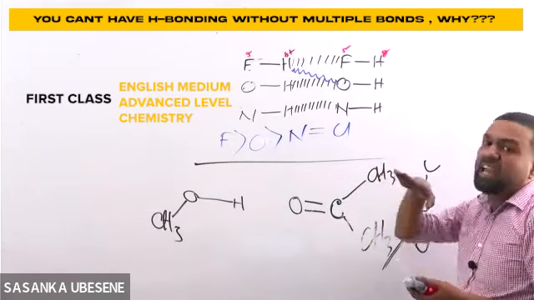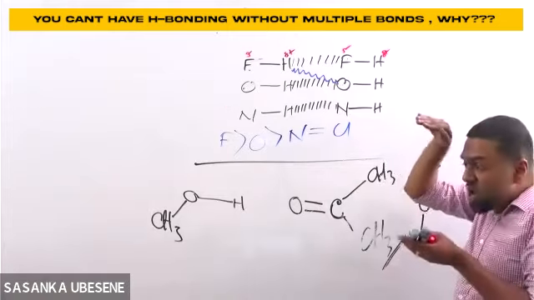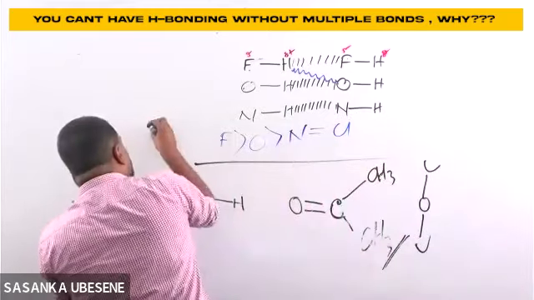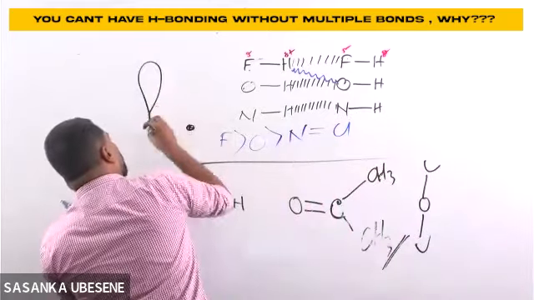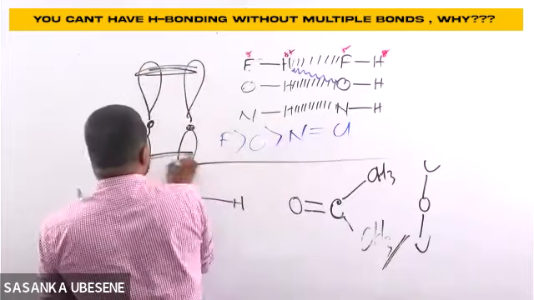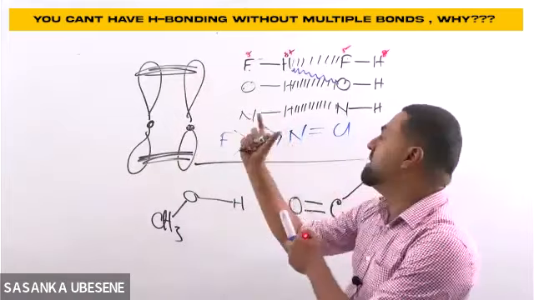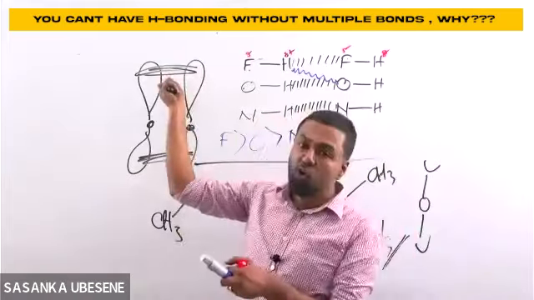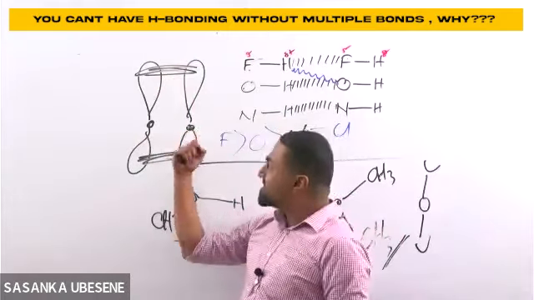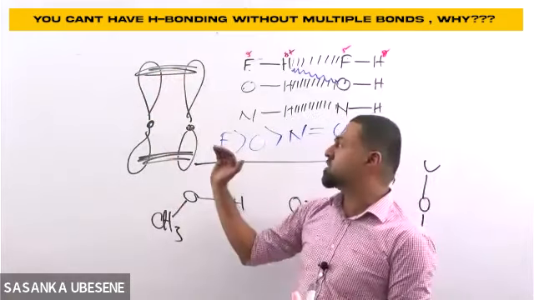But if the electron cloud is on the parallel axes, then you have lesser attraction force on the electrons present in the pi electron cloud.